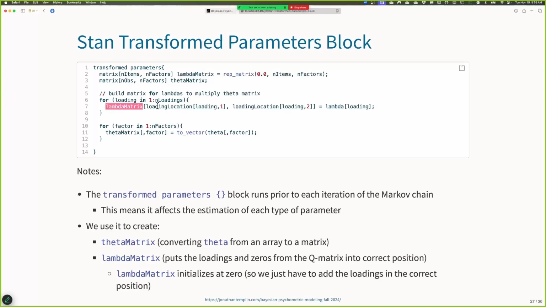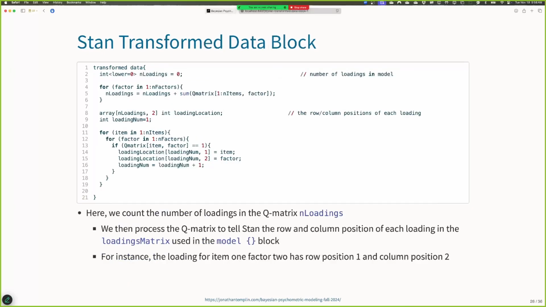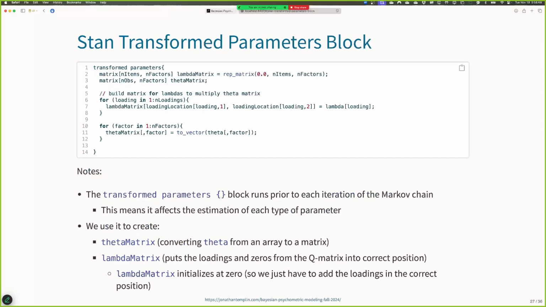So if I knew for each loading, this loading location that I'm building in transform data tells me which row and column each loading should be in. This is sort of taking that vector of loadings and putting it back into a matrix. Cool? It's a lot, but if you walk through this and see my code, what it means is when you run your multidimensional model, you just have to build a Q matrix and send it to Stan, and Stan does the rest for you. Not bad, right?